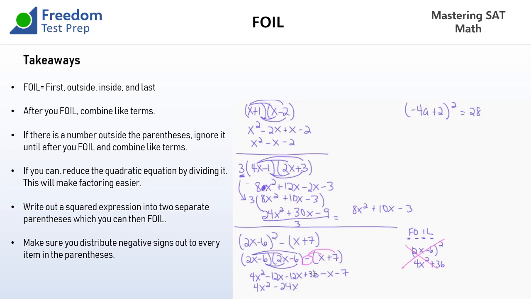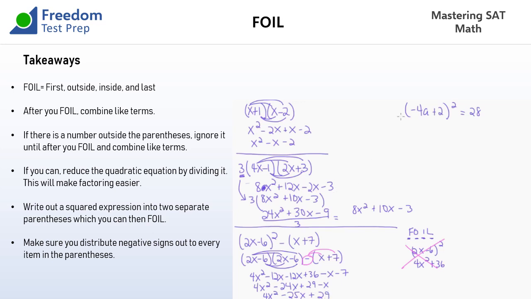We've got a 36 and a negative 7, which is going to be plus 29. And we've got another negative x there. So I could have combined it all, but I didn't. So we've got a negative 24x and a negative x is going to be a negative 25x plus 29. And there we have it.